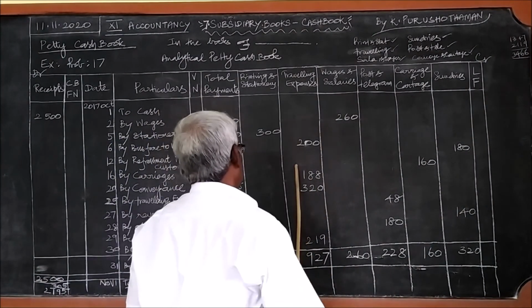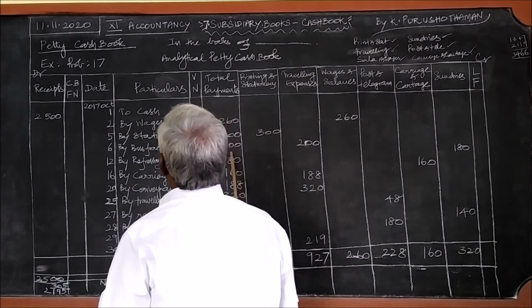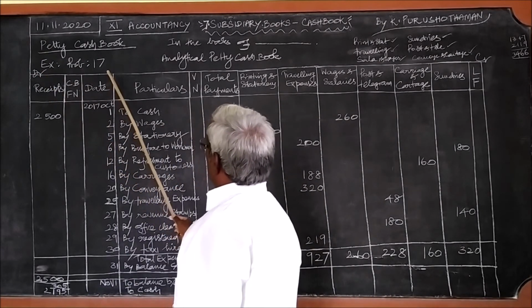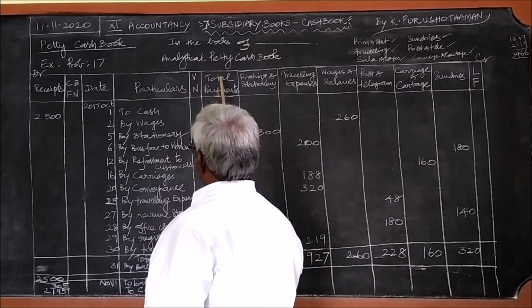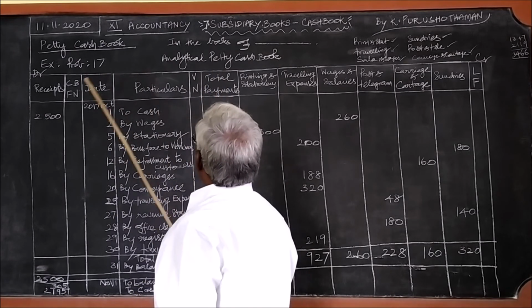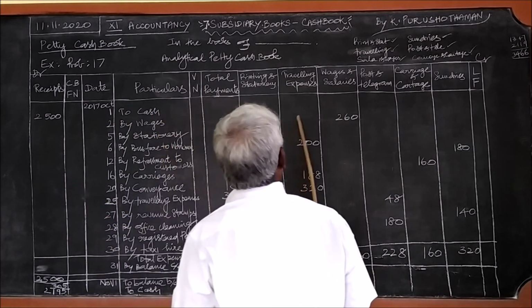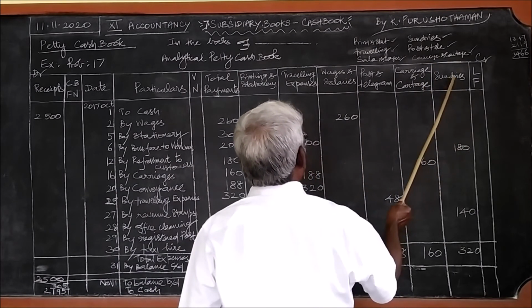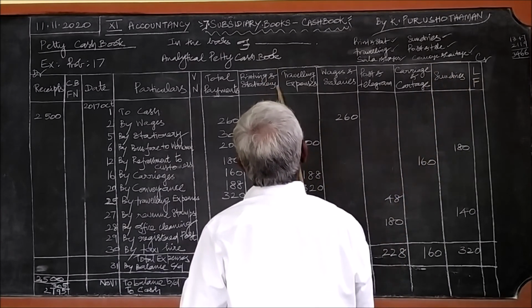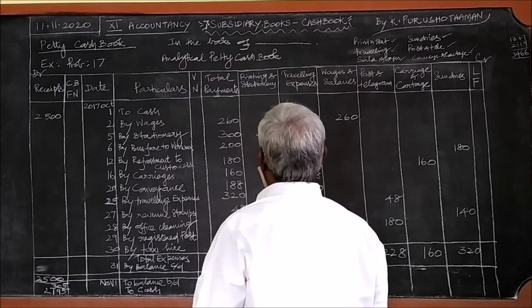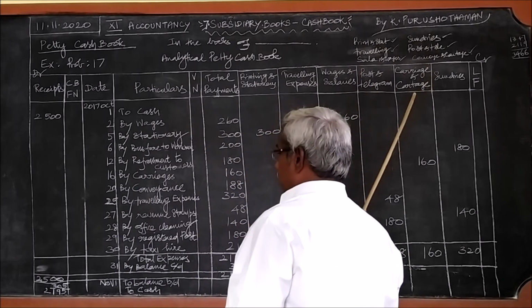In this problem, I said already, 1, 2, 3, 4, 5, 6 columns are compulsory on this side, and on the credit side, these two are compulsory, and the remaining columns are decided only after going through the problem.